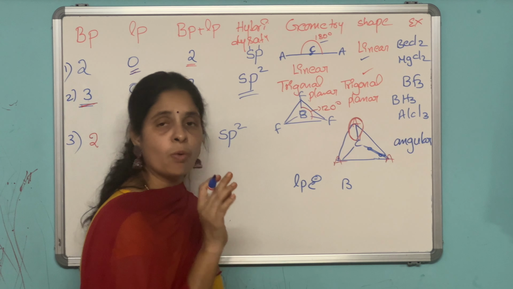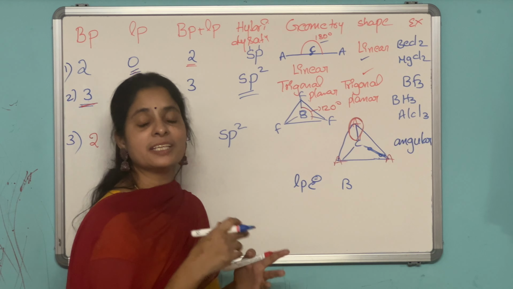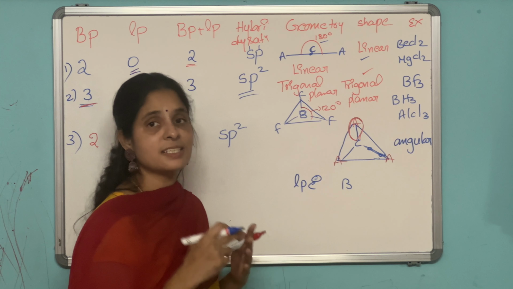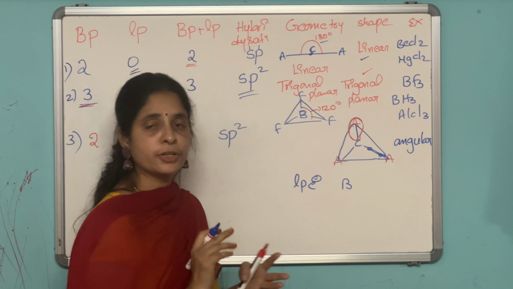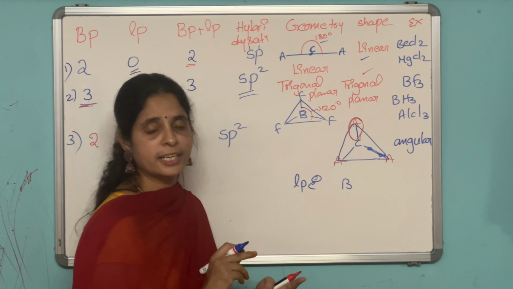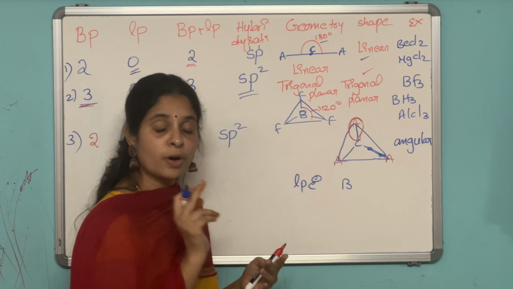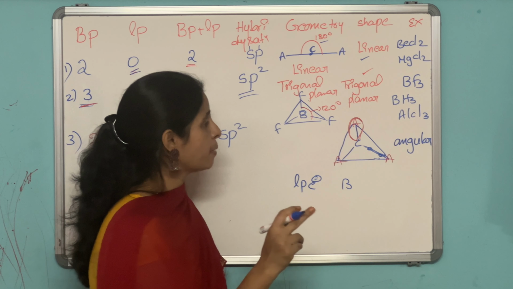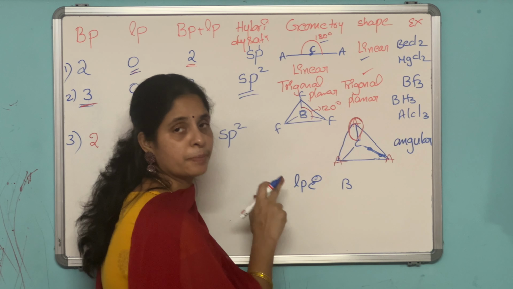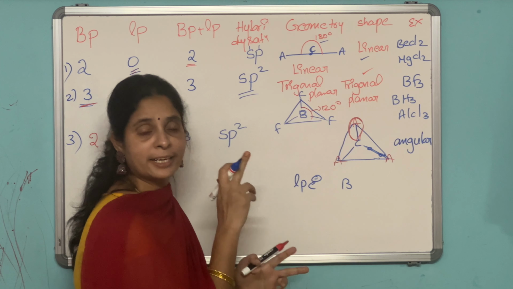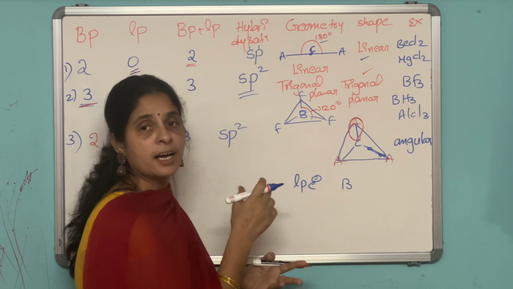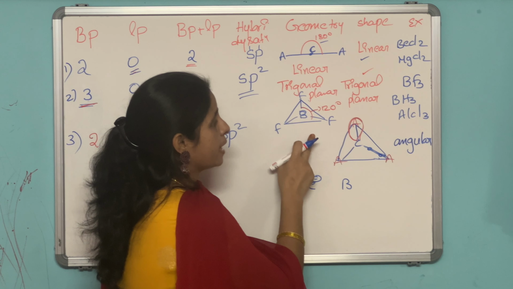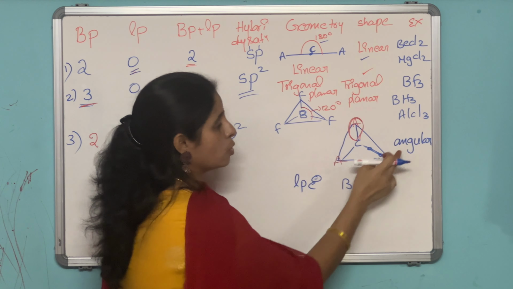The more the repulsion, the more the distortion in the structure, because if repulsion increases, energy also increases, so the molecule undergoes some distortion in its geometry. So lone pairs disturb the geometry. Because of the lone pair, we get a distorted geometry. Because of the lone pair, the trigonal planar geometry is distorted to angular.